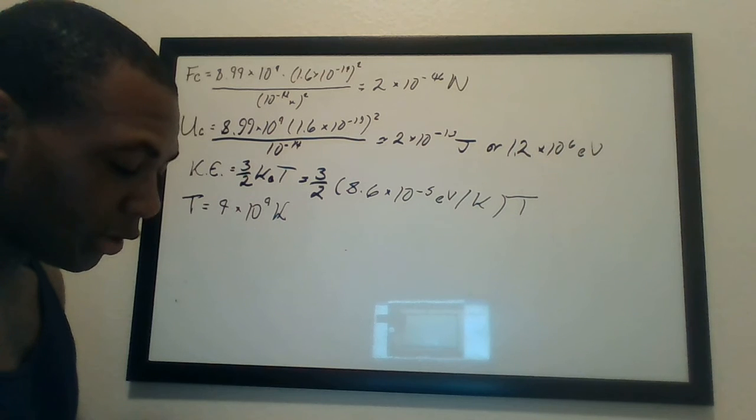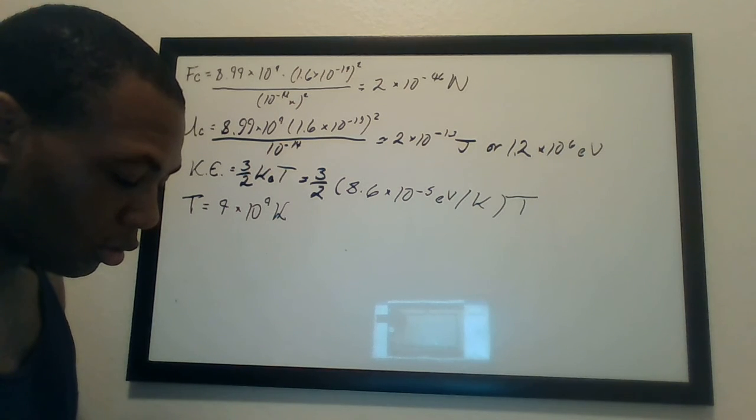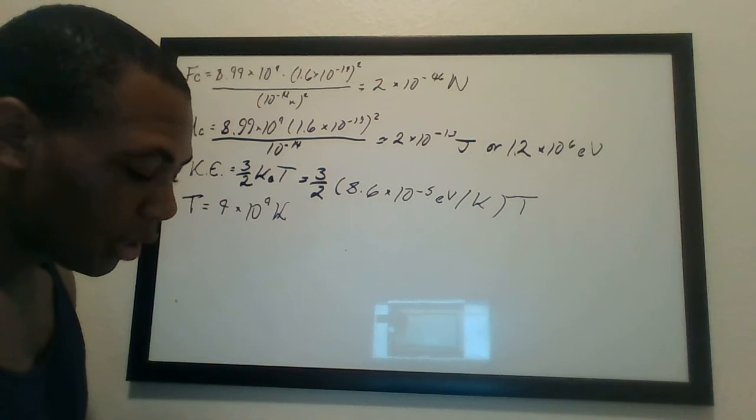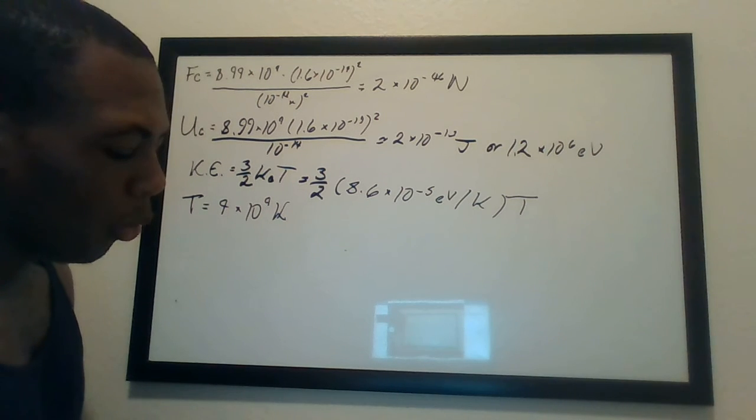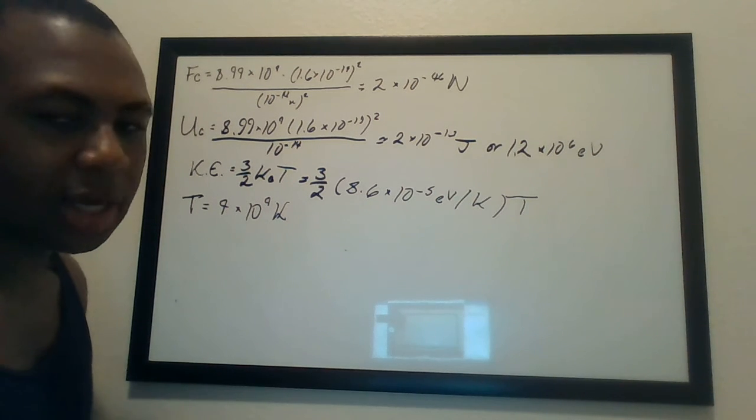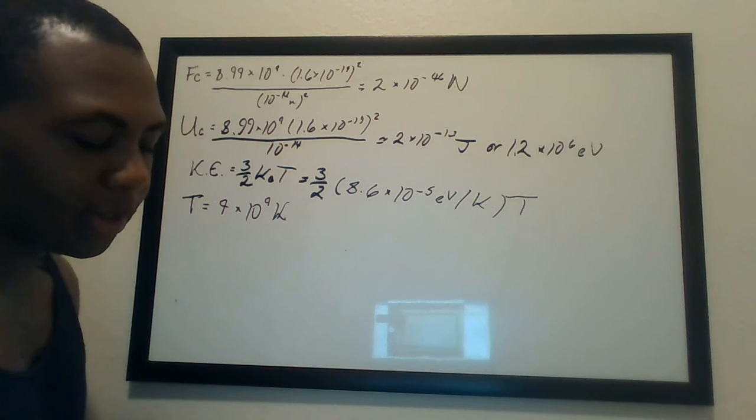We're going to look for 10 to the 10 Kelvin to Fahrenheit. So 10 to the 10 Kelvin is 1.7 times 10 to the 10 degrees Fahrenheit.